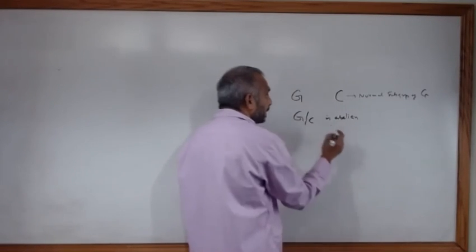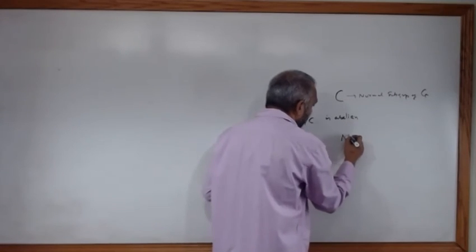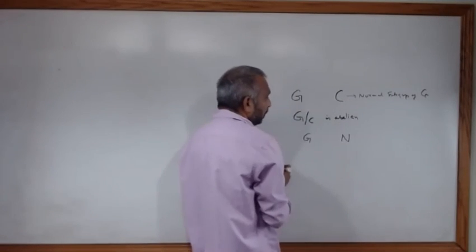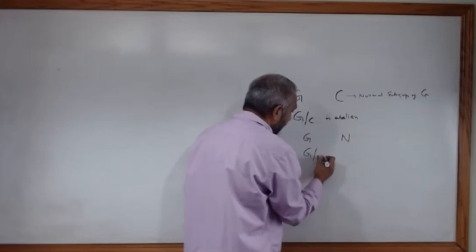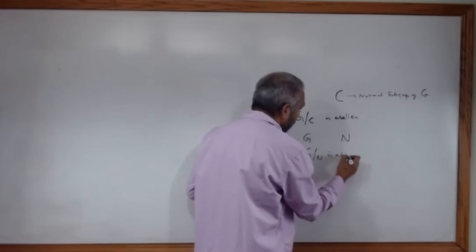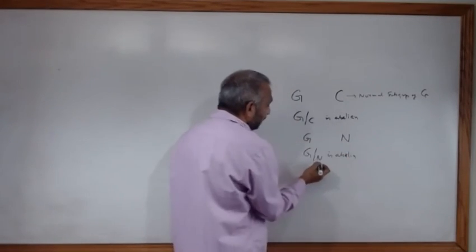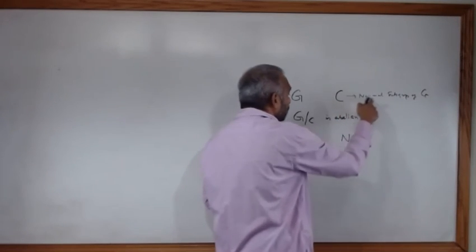So if we take another normal subgroup N of G such that G over N is abelian, this N doesn't need to be the commutator subgroup.